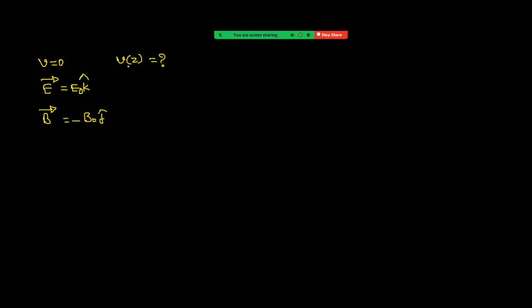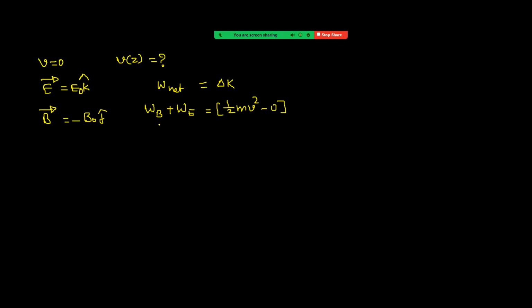That means we have to focus now on the change in kinetic energy. And we know that from the work energy theorem, net work equals delta K, right? Net work means work done by magnetic force plus work done by electric force. Net is now delta K. Delta K is the final value half m v square minus initial value 0.